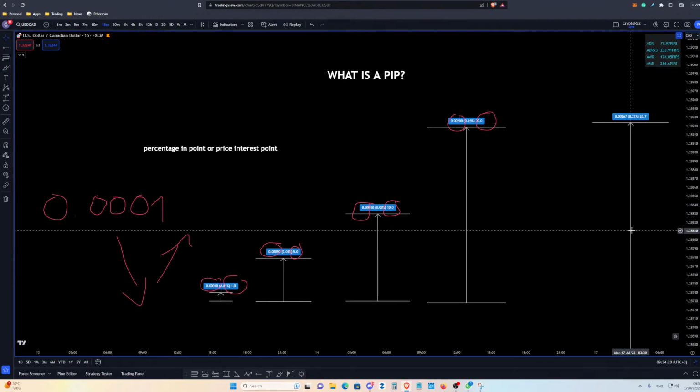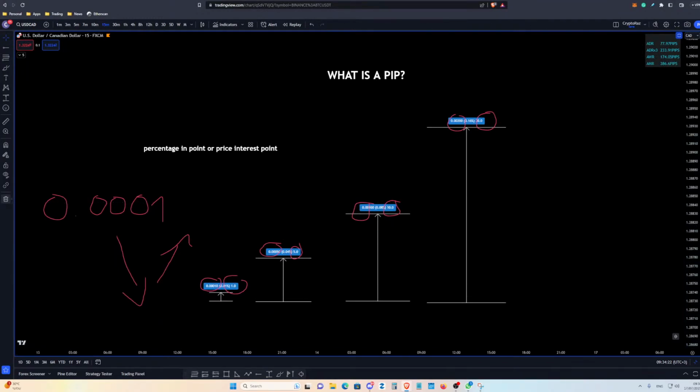So, the value of a pip depends on the currency pair, the exchange rate, and the trade value. When your Forex account is funded with US dollars and USD is the second of the pair, or the quote currency, such as with the Euro USD pair, the pip is fixed at 0.0001.